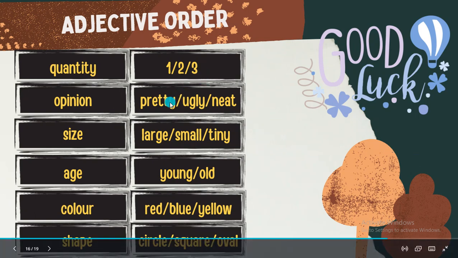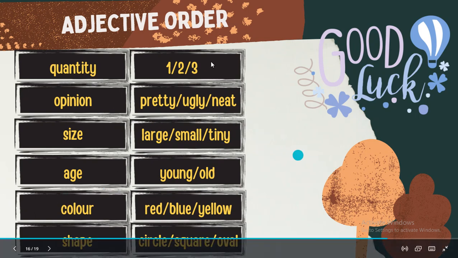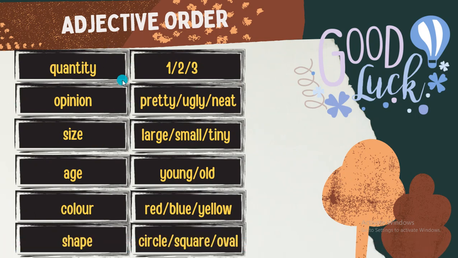Two pretty large young girls. Or you can say one, and we can replace it with a. A neat tiny old drawer. So those are the ways you can use this, but we are going to learn this later in our next lesson.